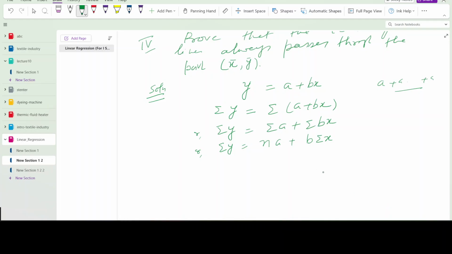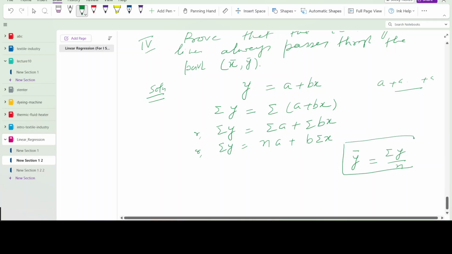And another thing, you know, y bar is equal to sigma y by n, the average value of y will be the sum of all observations of y divided by n.